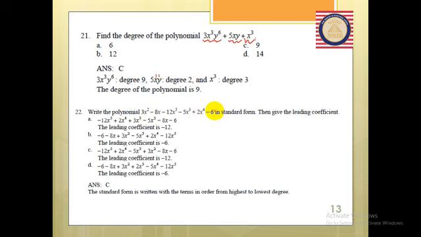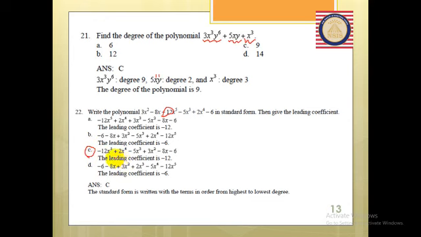Okay, very good. And what is the leading coefficient? Leading coefficient is the coefficient of the x with the highest power. What is the coefficient of the x of the highest power here? I have negative 12. Okay, so the leading coefficient is negative 12. So my answer will be C. Very good. Excellent.